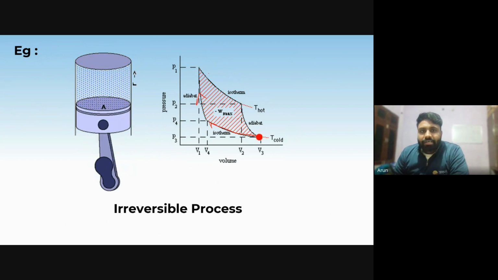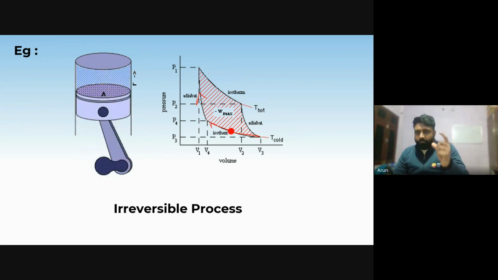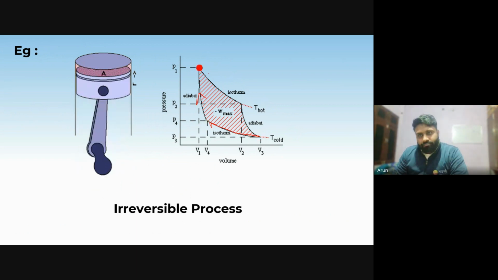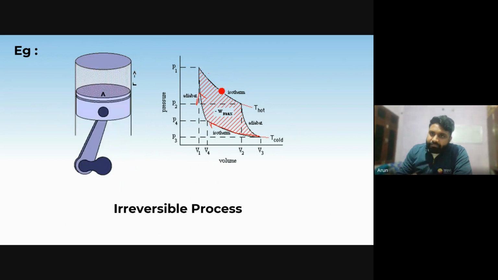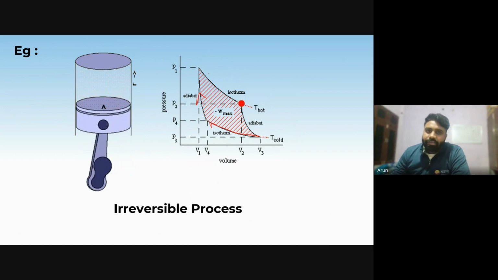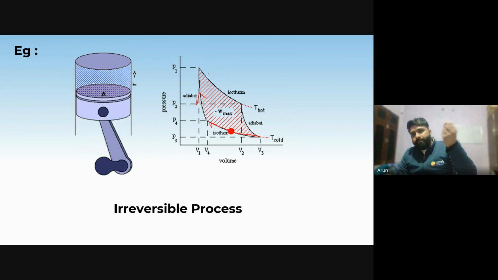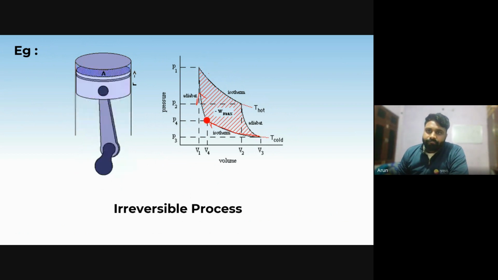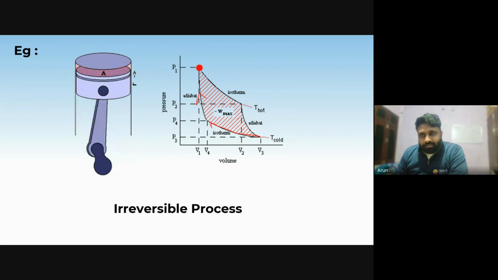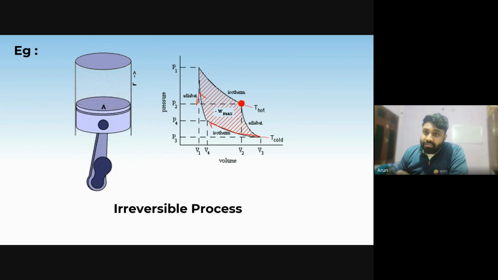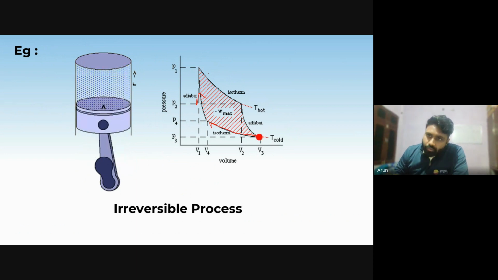However, the system is achieving the initial state, but with a loss of energy. Got it? So in an irreversible process, we have a loss of energy and we need to put in some work to get it back to the initial state. So in practical life, all the processes that we see are irreversible because we lose energy.